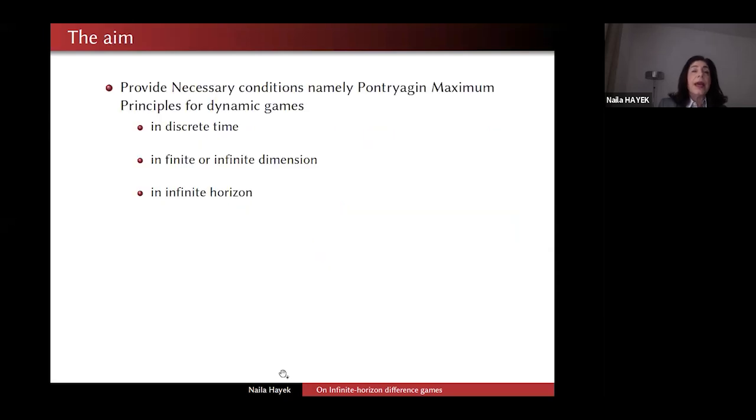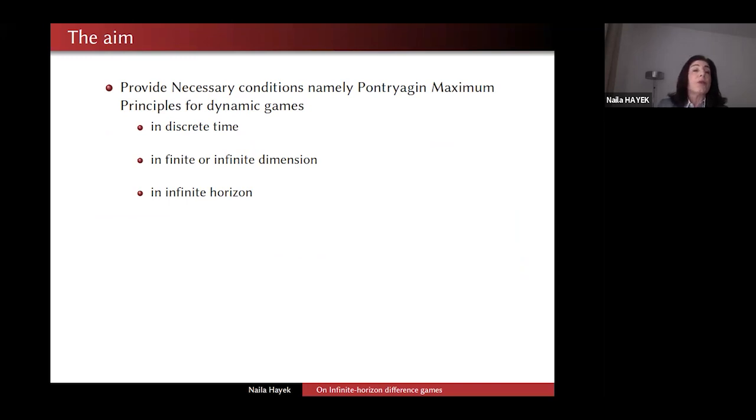So what is the aim of this work? The aim is to provide necessary conditions, namely Pontryagin maximum principles, for these dynamic games. So we are in discrete time, as you noticed.